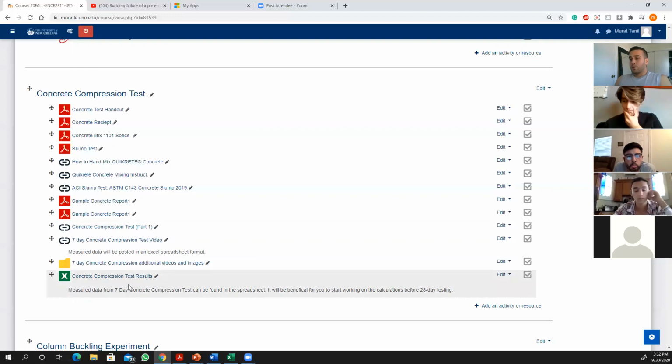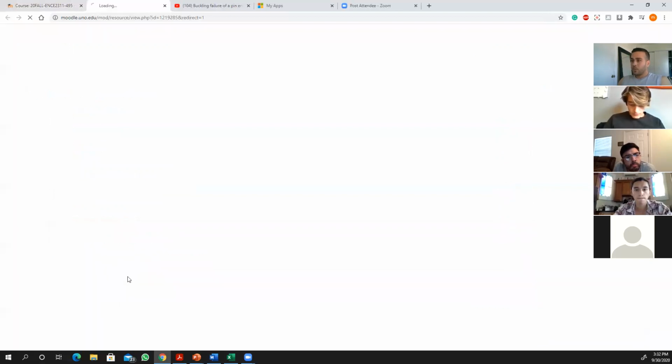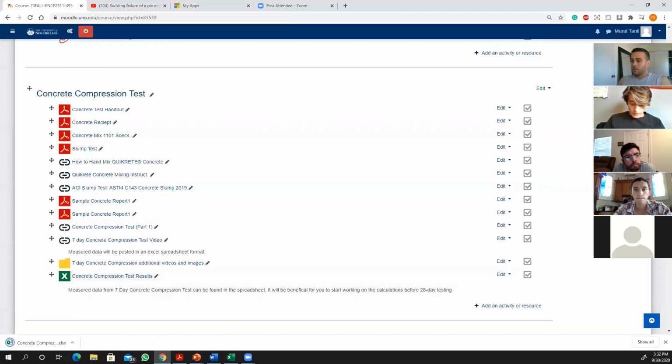And you should already be able to calculate the required sections on the Excel spreadsheet. Let's look at this Excel spreadsheet.